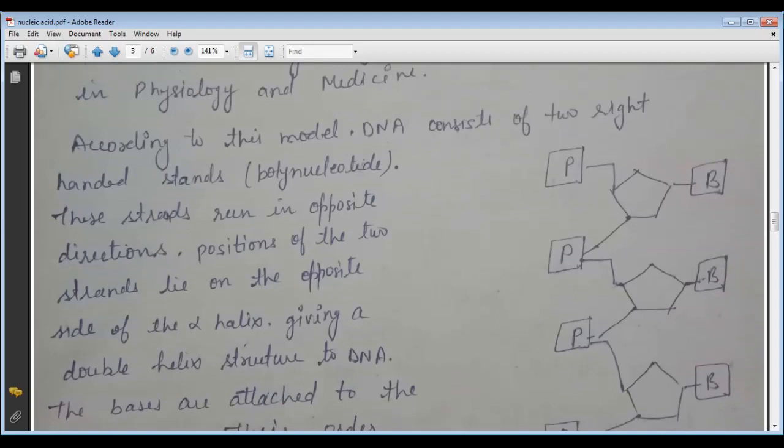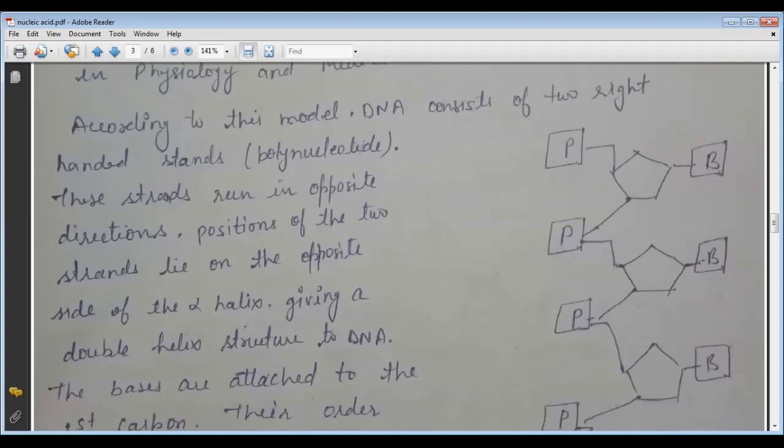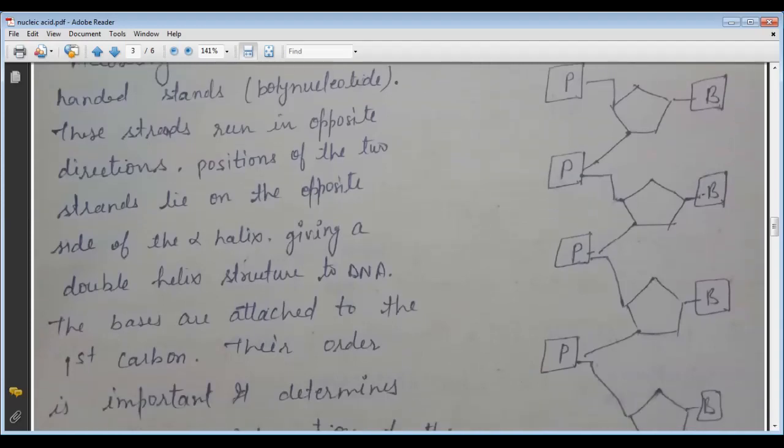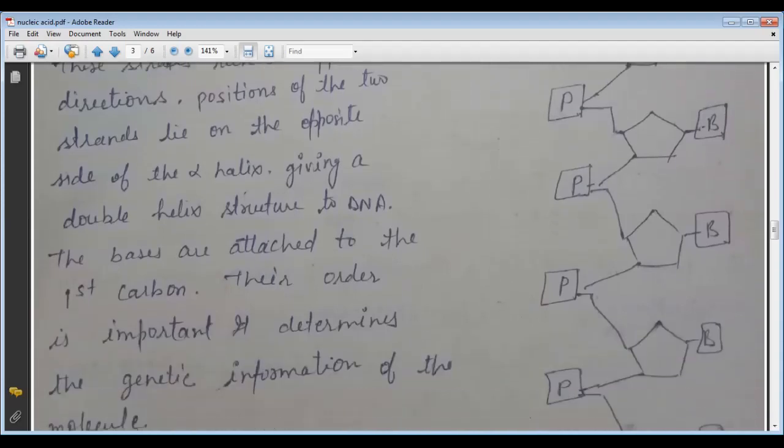The third and fifth position carbons are attached to the phosphate, and the first position carries the base. This repeating unit of the monomer is called the DNA structure.